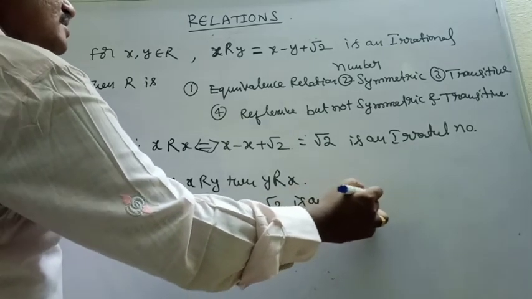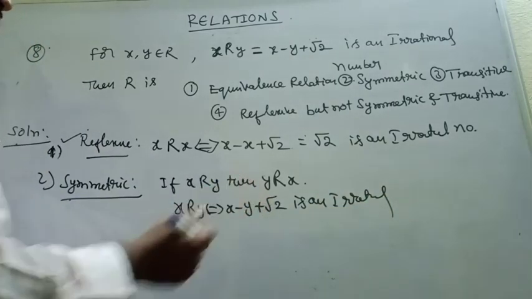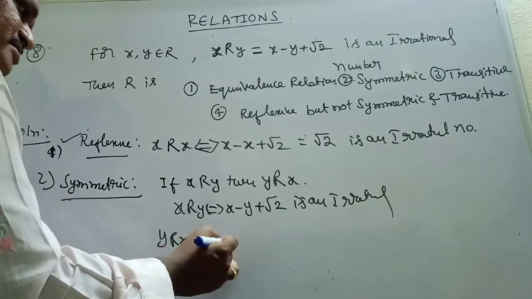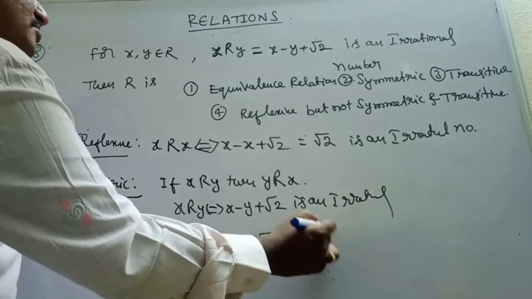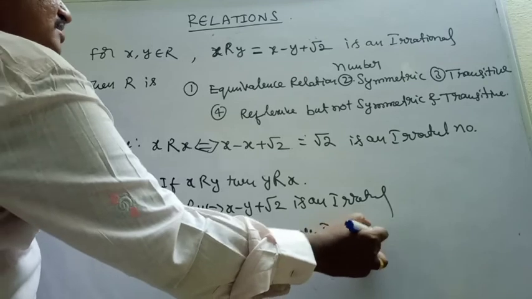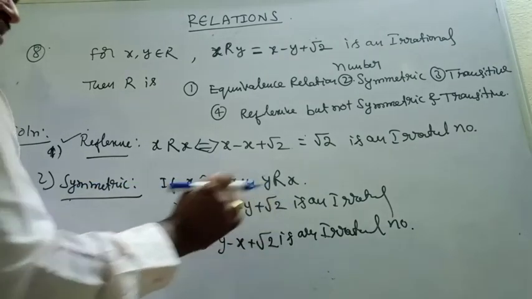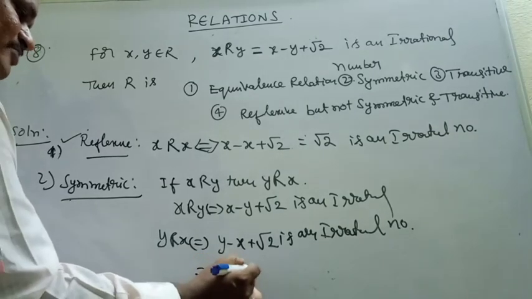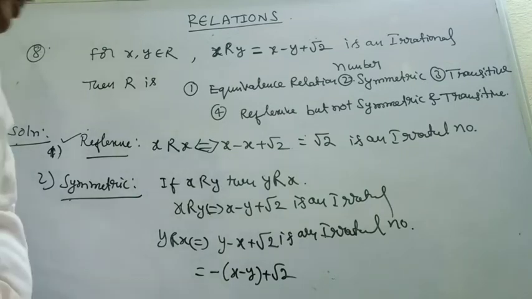Now for y related to x, we should prove that y minus x plus root 2 is an irrational number. Given this is an irrational number, we have to prove that minus of (x minus y) plus root 2 is an irrational number.